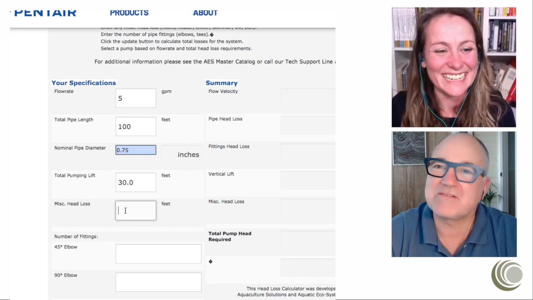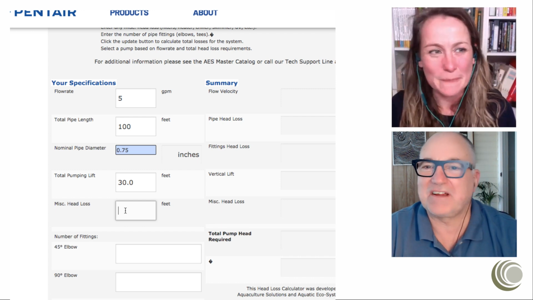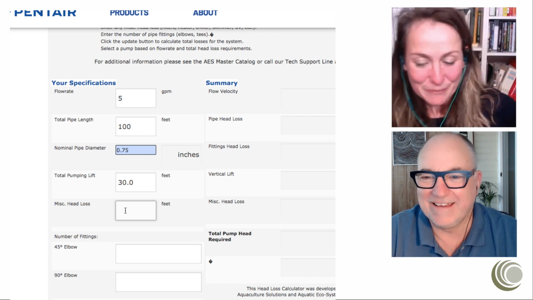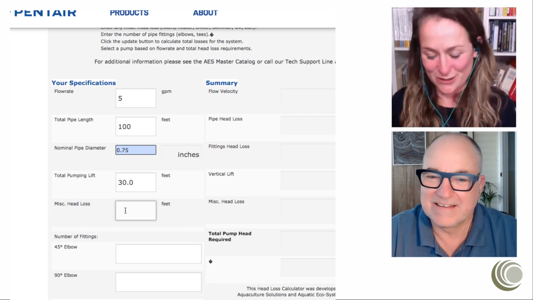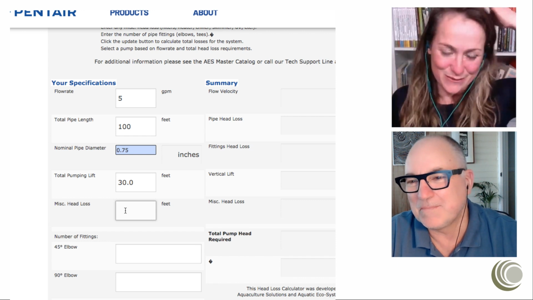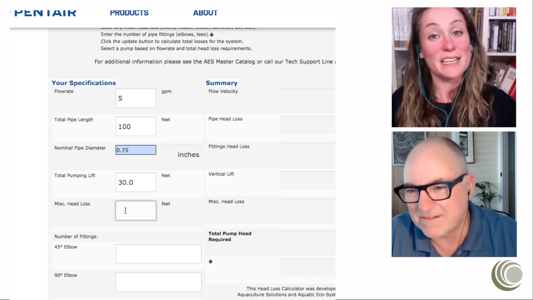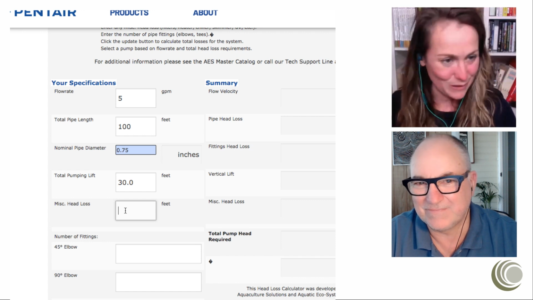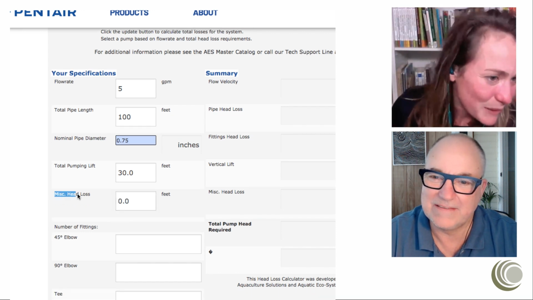Or if you want to use metric, there's a Pentair website in Australia. Oh, is there? Yeah. Type Pentair Australia, and you'll have the metric version of this. That's brilliant. But you'll still have to convert it to gallons per minute and feet when you talk to your supplier, probably.